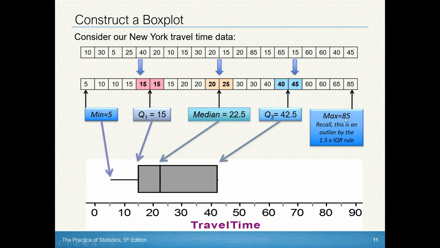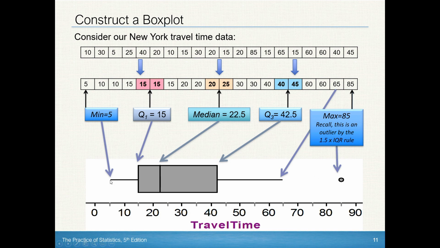Now the maximum is an outlier, so 65 is the biggest non-outlier, and we'll put a dot out here where 85 is. Sometimes you'll see regular box plots where they'll just extend this all the way out here, but sometimes we like to differentiate on the graph what an outlier is. Notice this is the biggest point in the data set that's not an outlier.